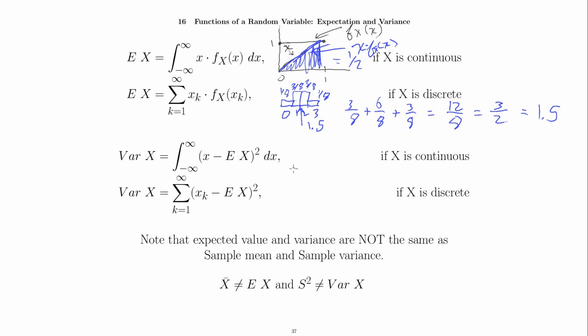To give a very quick visual, if I have a distribution here, and here is E[X], then for every single point little x here, I need to take this difference, and square it. That's essentially what we get.